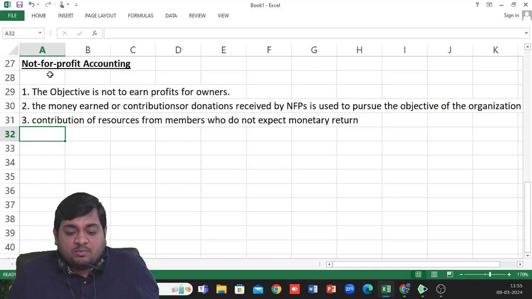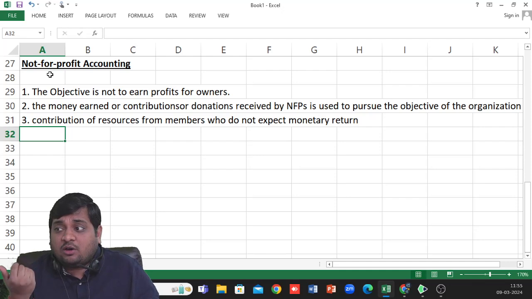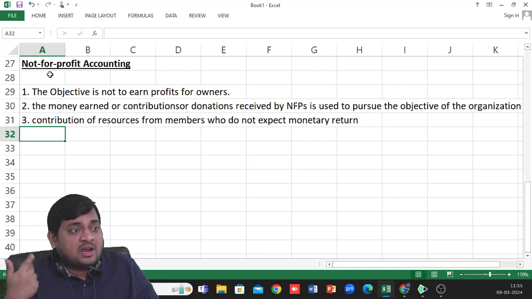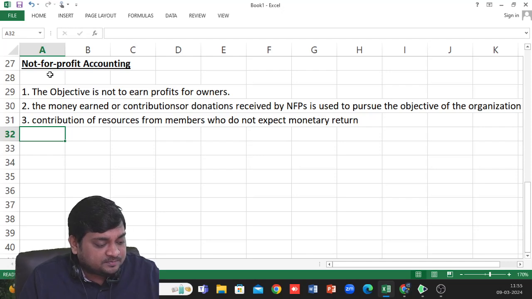Contribution of resources from members who do not expect monetary return, whereas if it is a profit organization, then that particular shareholder or the owner will be expecting some kind of monetary benefits, right.